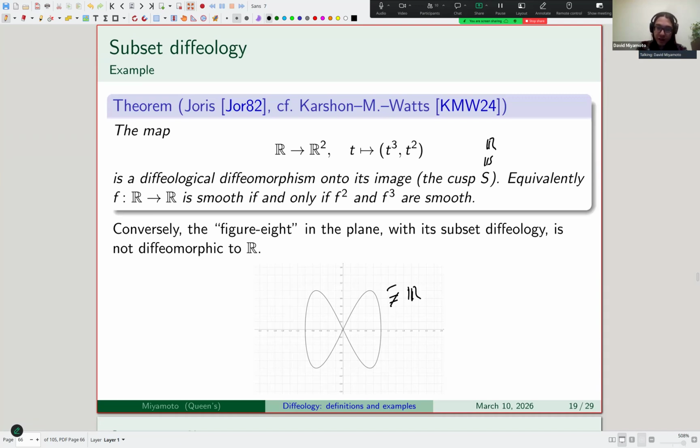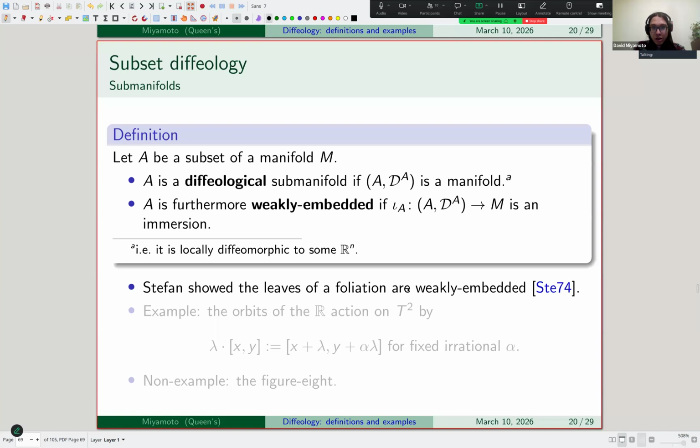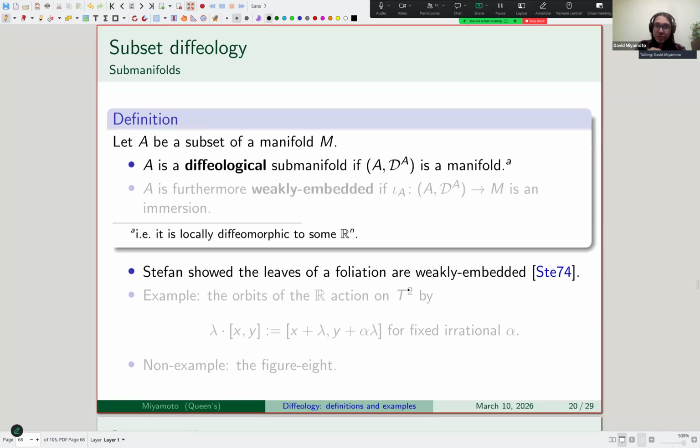I can equip it with a parameterization that makes it diffeomorphic to R. We can formalize this distinction. If I have a subset of a manifold, I can call it a diffeological submanifold if, with its subdiffeology, it's locally diffeomorphic to some fixed R^n. That's a definition of a manifold, locally diffeomorphic to R^n. And then this would include the cusp, for example.